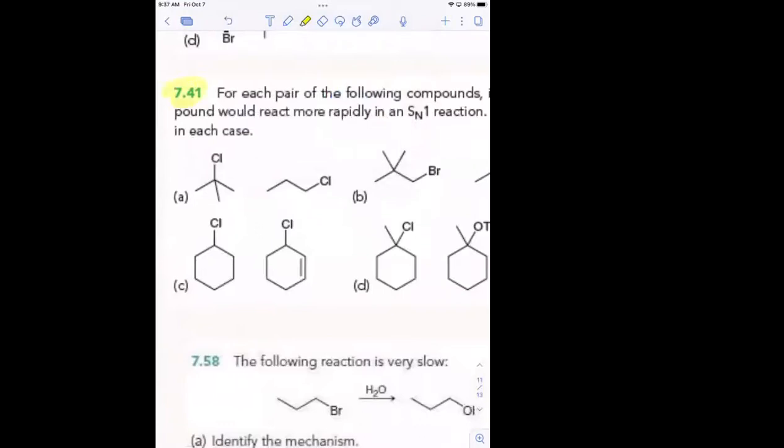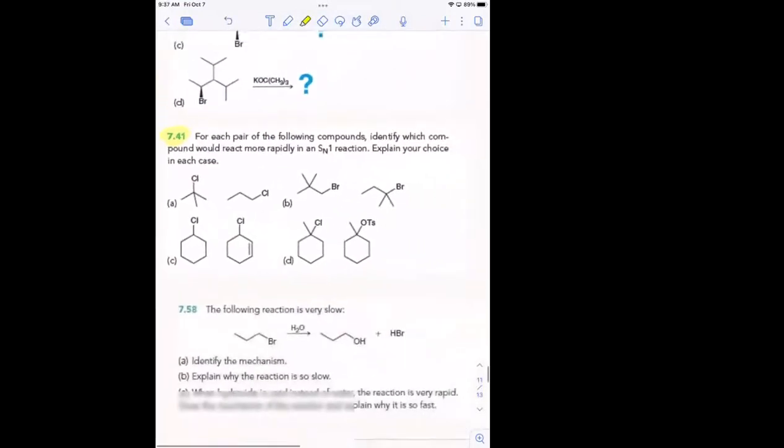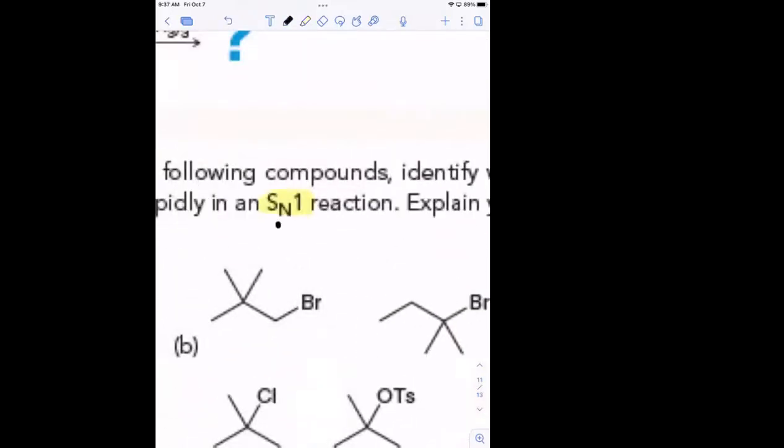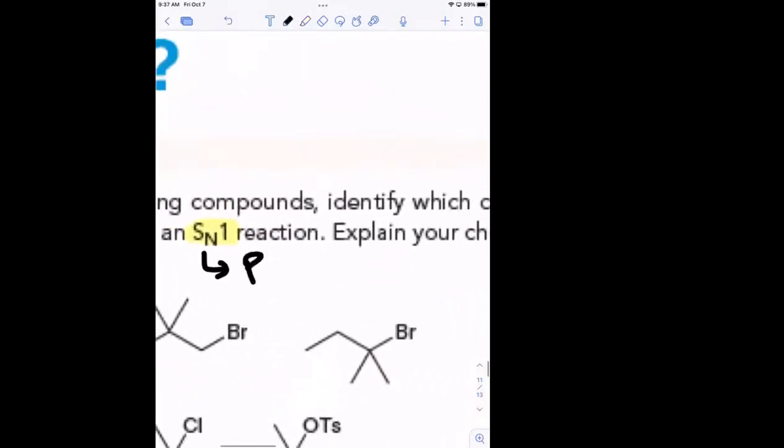All right, so for each pair, identify the compound which will react more rapidly in an SN1 reaction. So it's telling you that it's SN1. What does that mean to you? Protic solvents. And I think secondary and tertiary substrates.